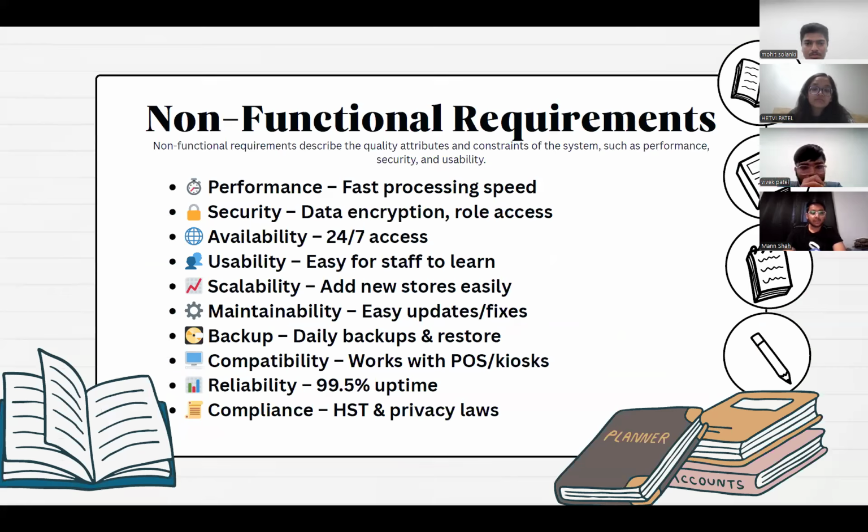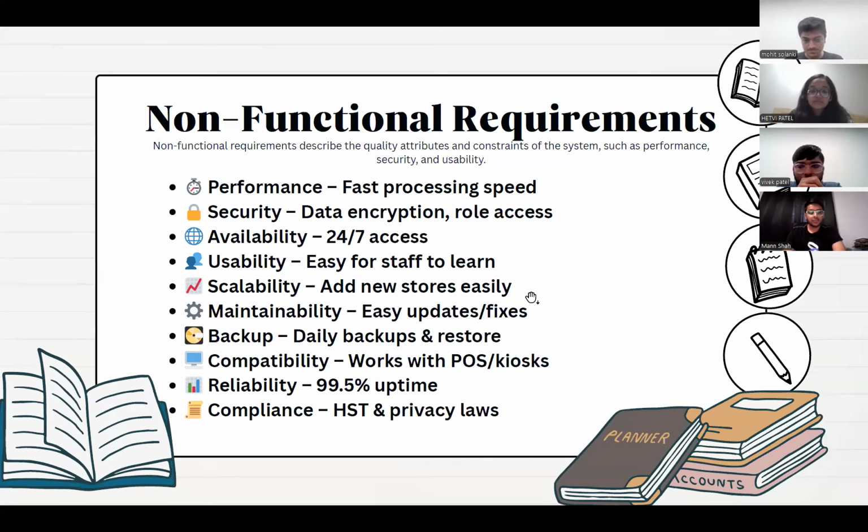For example, the system should maintain high performance, processing transactions within 2 seconds, and have 99.9% uptime, especially during seasonal peaks. It should also be easy to use, allowing new employees to perform basic tasks with minimal training. Security is another key feature, where all customer and employee data should be encrypted both in storage and during transmission.